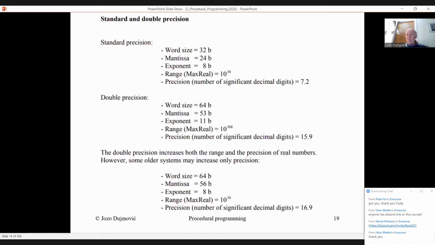Excuse me, can you explain how you get the range, the number of range there? The range is 2 to... you have a Mantissa of 53 and 11 here. So 11 bits gives you 2 to 11, minus 1, largest value, 2 to 10 minus 1.